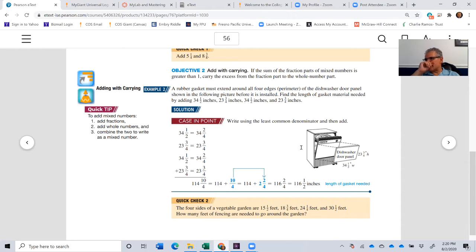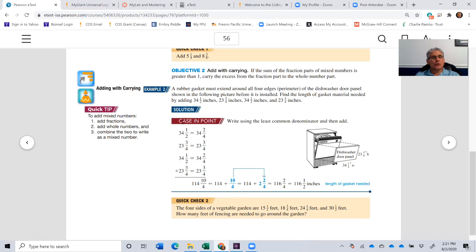A gasket is like a little rubber hose, maybe just a piece of rubber. It will go between the door and the actual dishwasher. When you close the door, the rubber keeps the water from filtering through the sides.